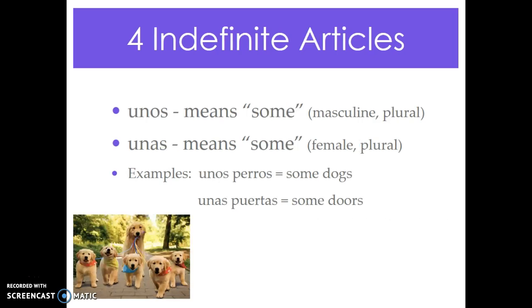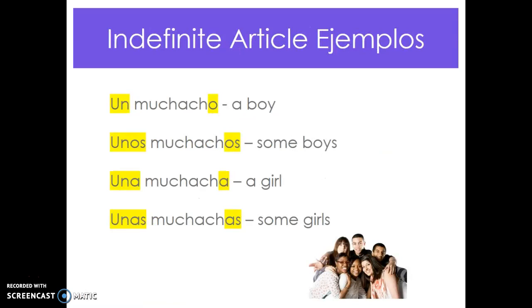Okay? Unos means some, and it's masculine plural. Unas means some as well, but it is female or feminine plural. Some examples again: unos perros, some dogs, referring to male dogs. Unas puertas, some doors. Okay, again, just for you to see it a little bit more.